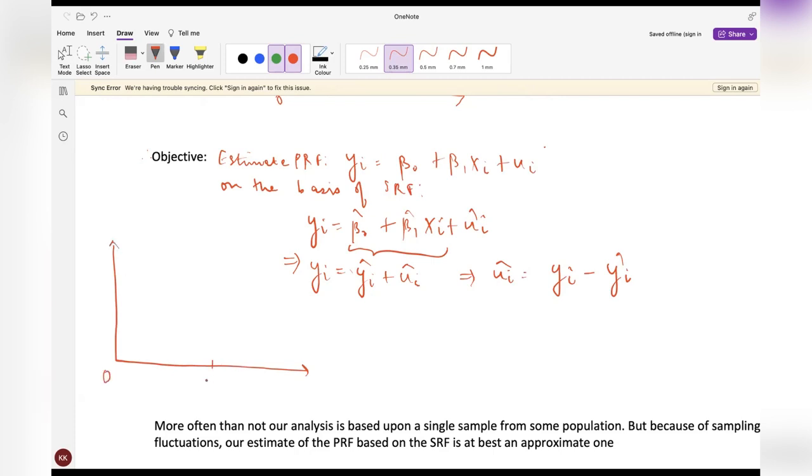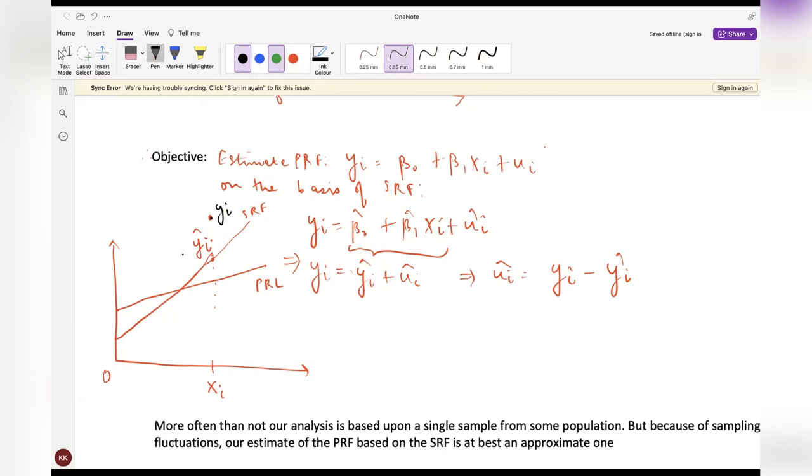Let me take any one value, let's say xi, and corresponding to that, I have the population regression line taken as this, and I have the sample regression function taken as this. The sample regression function will give me the value of yi hat, and let's say the actual value is somewhere here. So this is my actual value of yi.